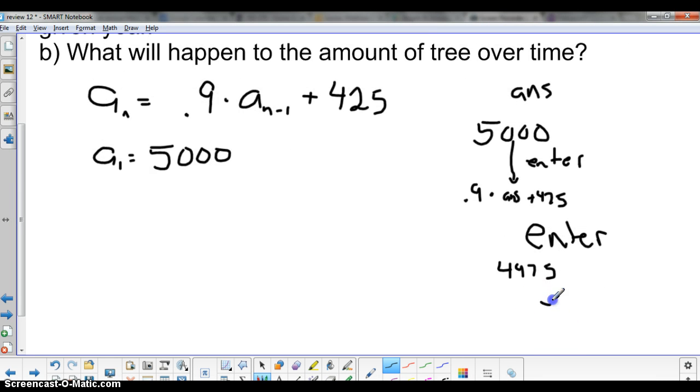Okay, and then you hit enter again, and what the calculator does is it takes the answer and plugs that in for your new answer.